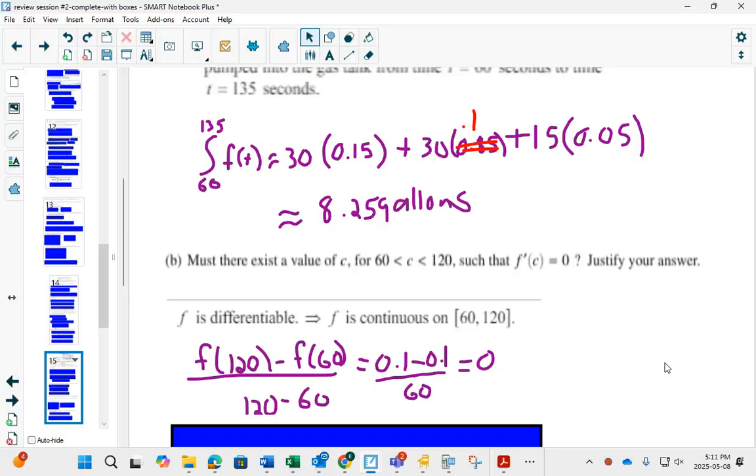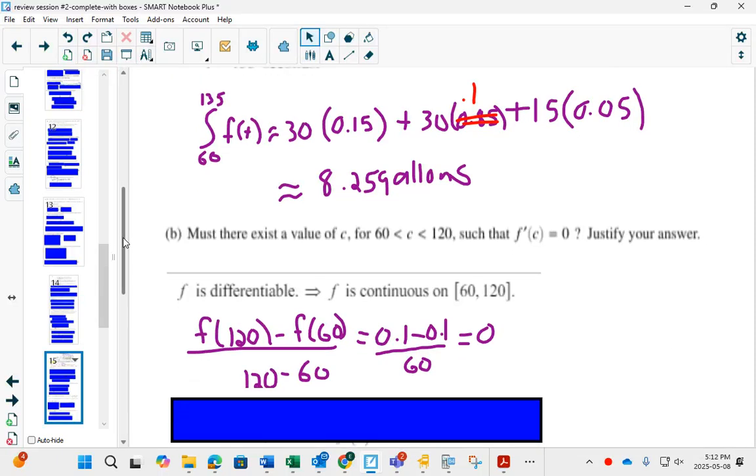If we look at the secant line from 120 to 60, the secant line has a slope of 0. This is the derivative of our rate, so it would be gallons per second per second.